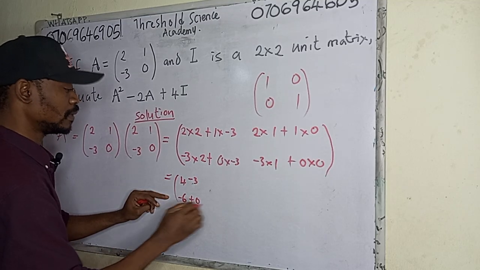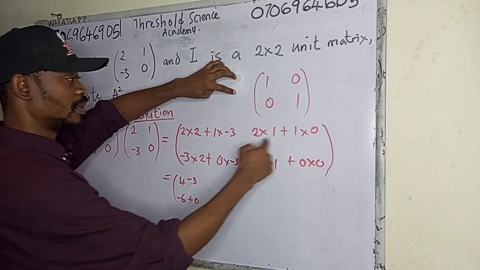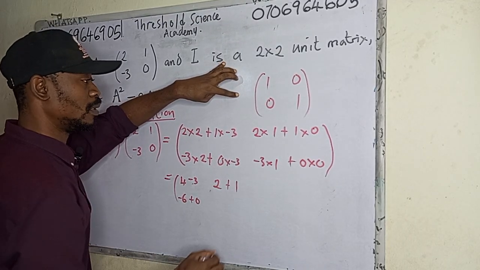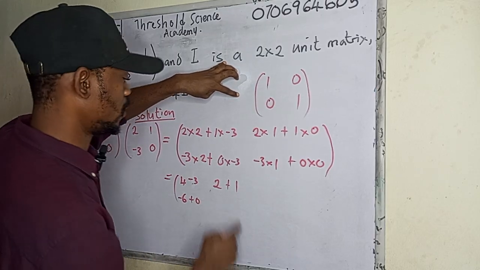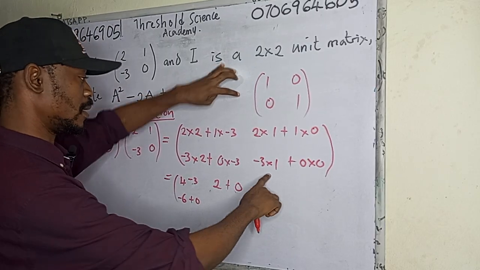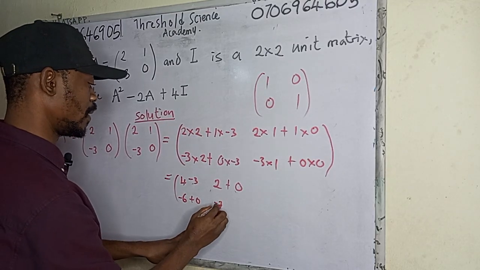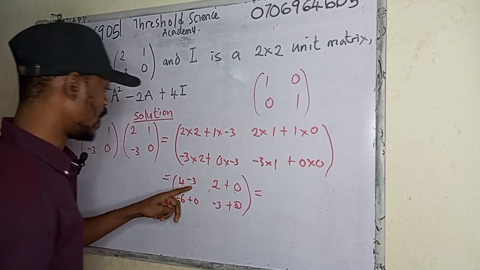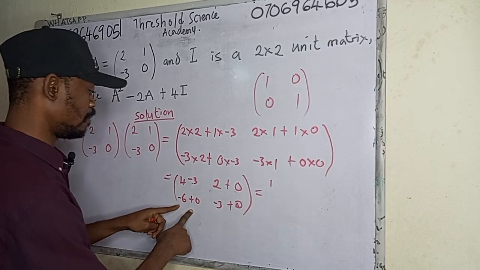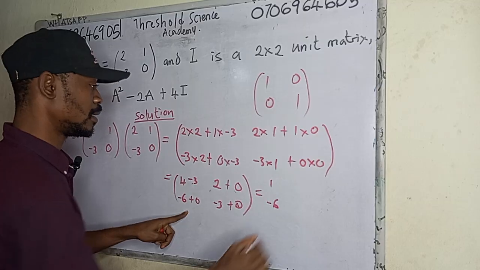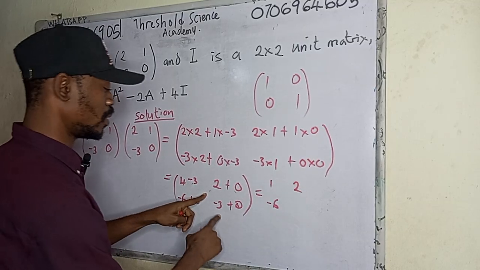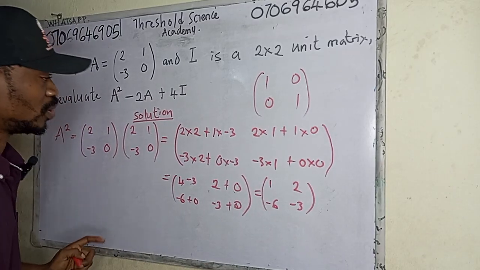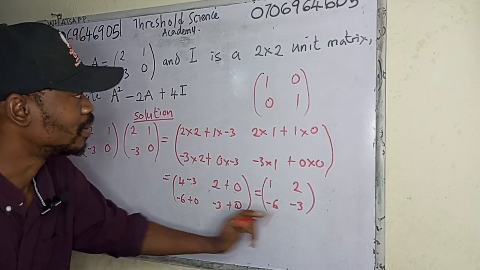Then the other side: 2 times 1 is 2, plus 1 times 0, sorry, that's 0. Then down: minus 3 times 1 is minus 3, and then plus 0. So 4 minus 3 is 1, minus 6 plus 0 is minus 6, 2 plus 0 is 2, and minus 3 plus 0 is minus 3. So A squared is done: 1, 2, minus 6, minus 3.